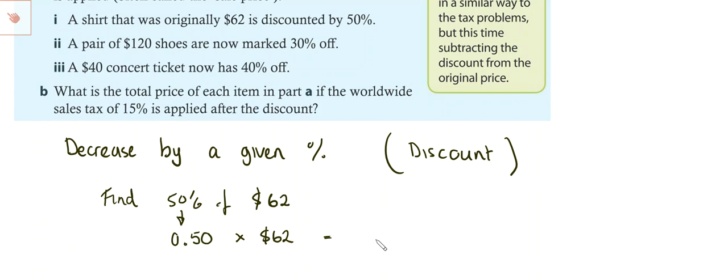We get the answer $31. Now, some of you have said, if I do it here, yes, you could. We could just have divided by 2, right? But just for consistency at the moment, let's apply this, and it helps us practice what we've been doing.